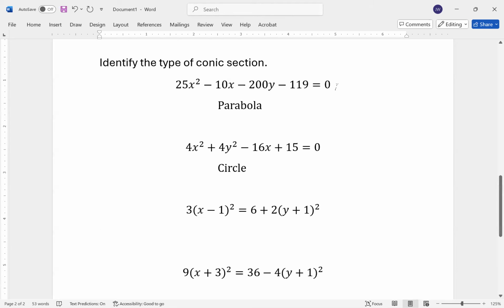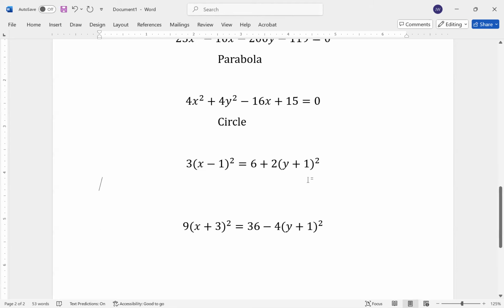Now, there's a couple of things going on in these last two examples. First off, instead of having just an x squared, we have 3 times something with an x in it, quantity squared, specifically 3 times the quantity x minus 1 squared. Now, when we square that out, we'll get an x squared term, and we'll get some other terms as well.